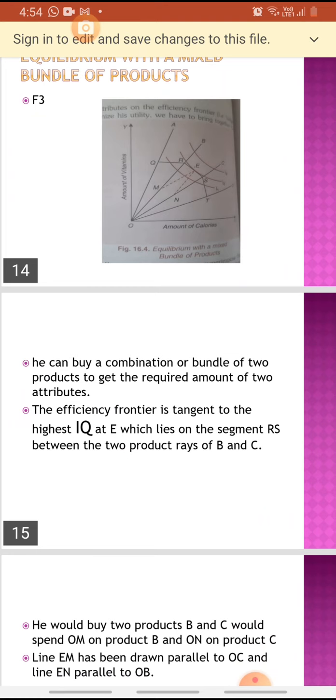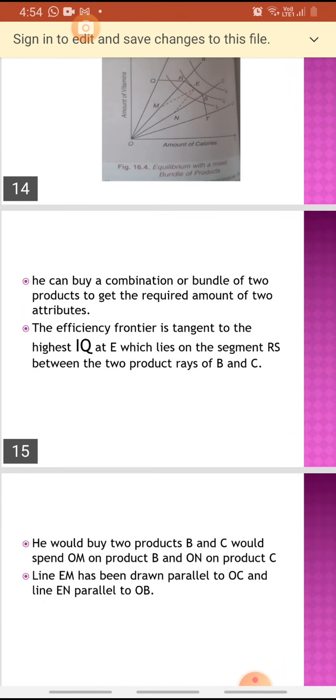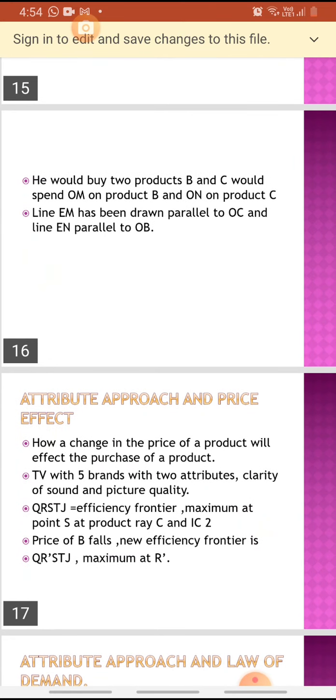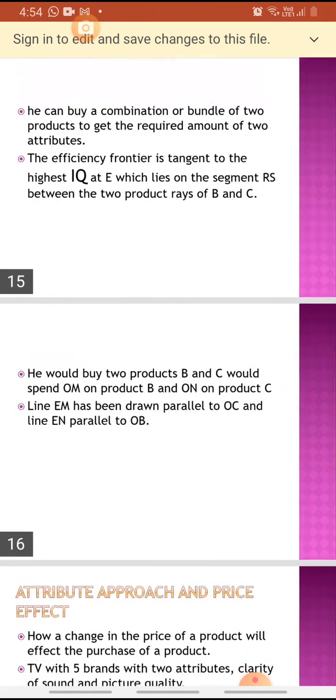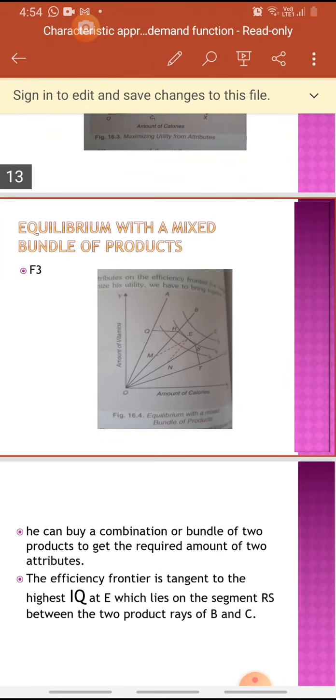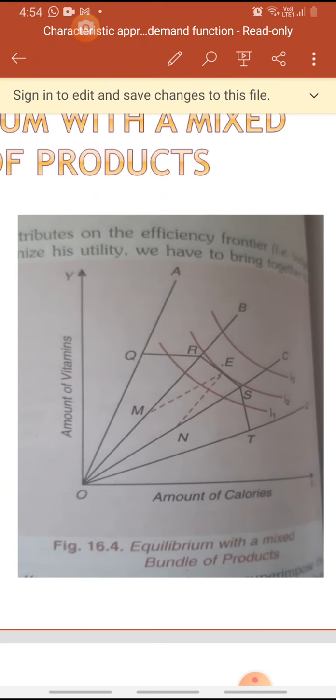The efficiency frontier is tangent to the highest isoquant at point E, which lies on the segment RS between two product rays B and C. He would buy two products B and C and would spend OM amount on product B and ON amount on product C. Line EM is parallel to OC, and EN is parallel to OB axis.